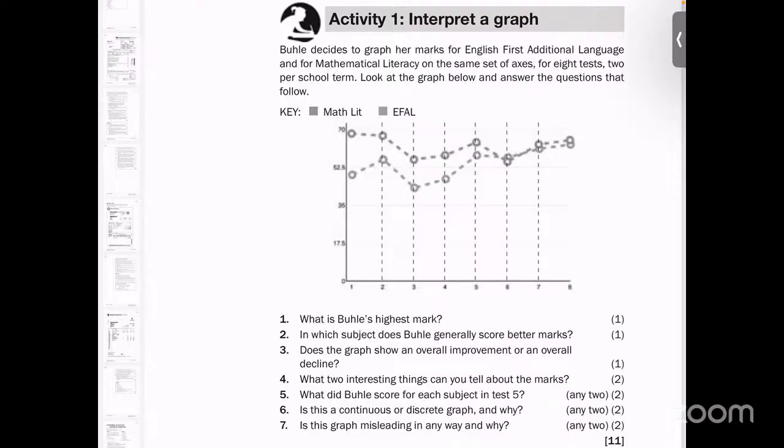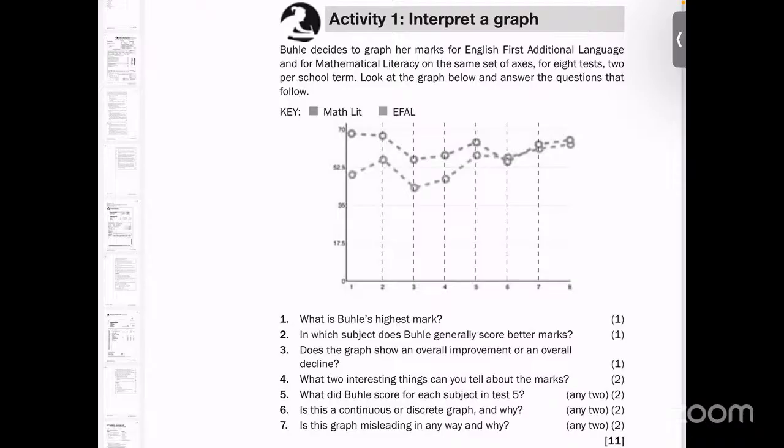So Boutle's highest mark will have to come from the test where the honorable member got the highest point along the vertical axis.